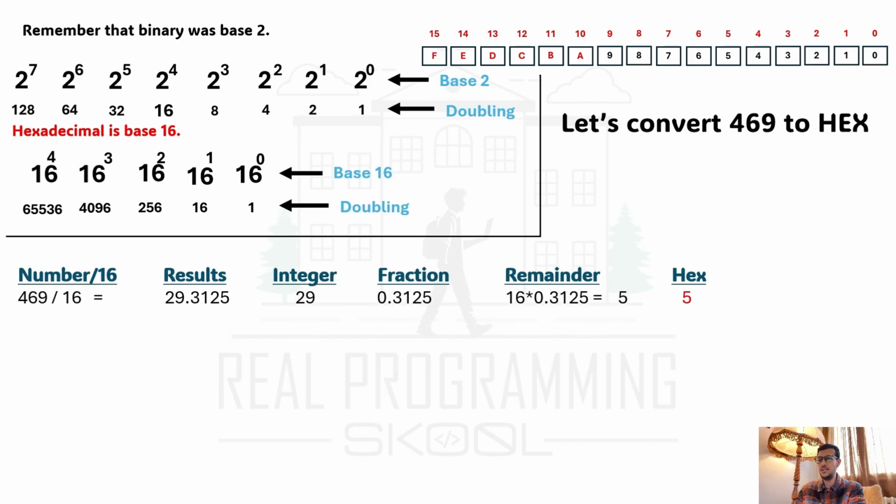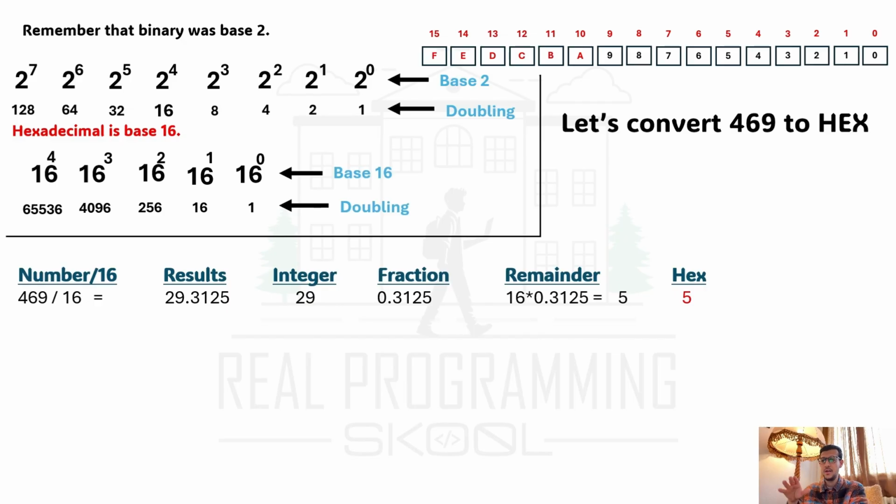469 divided by 16 gives me 29.3125. So we take the 29 and put it in the integer column, and we take the fraction 3125 and put it in the fraction column, and we multiply the fraction by 16. 16 multiplied by 0.3125 gives us 5.